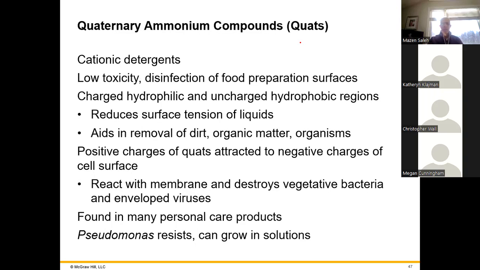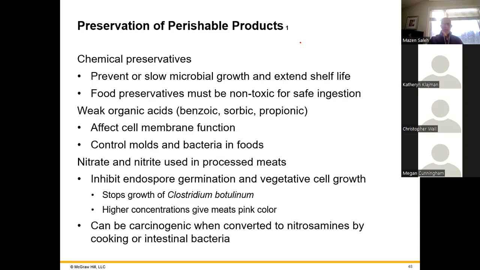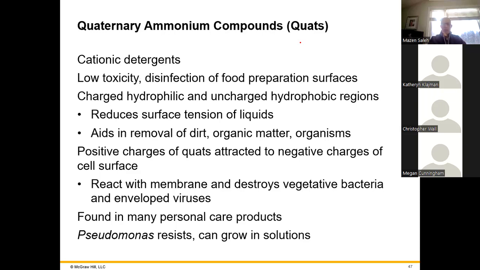So that brings us to the quaternary ammonium compounds, or quats for short. So these are cationic detergents, and they are referred to as quaternary ammonium compounds because they're composed of nitrogen. I'm not sure if they have it in the slides, but they have nitrogen.